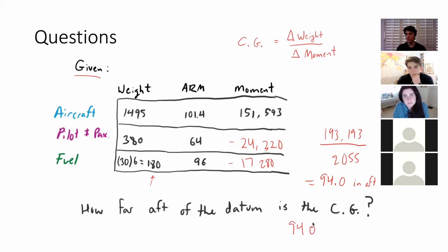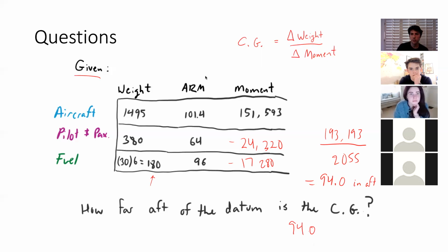So that's all I got for you guys. Any questions about that? Just a quick question. Would it be 2,055 over the numerator? Oh, yeah. That's weight. Is that why the aft is so off? Let's see. Yeah, I think I got it wrong.